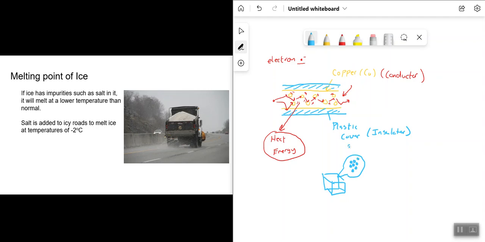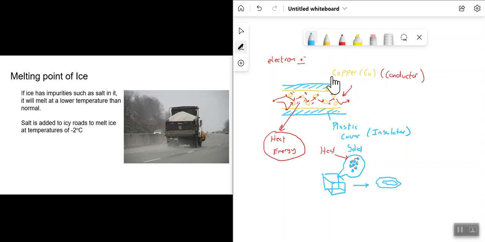That's a solid. Then as you add heat, these water molecules will start to vibrate and move away from each other, and eventually it's going to start turning into a liquid.